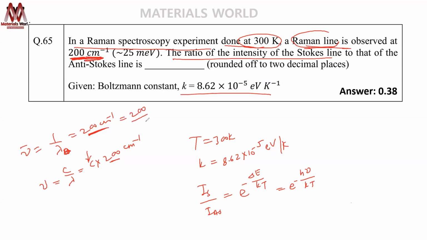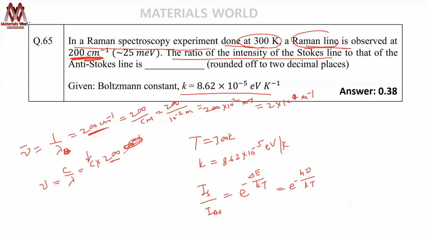Okay, 200 centimeter inverse, so you can convert it into meter. I can replace centimeter by 10 power minus 2 meter. That means 200 into 10 power 2 meter inverse, or 2 into 10 power 4 meter inverse.